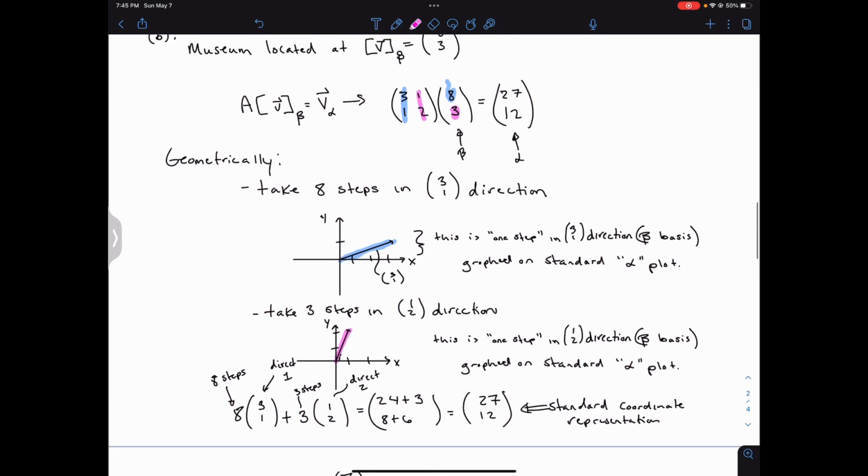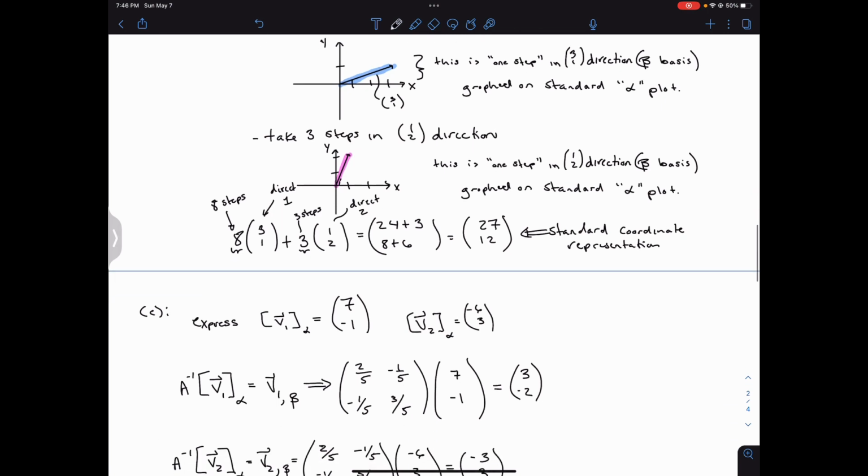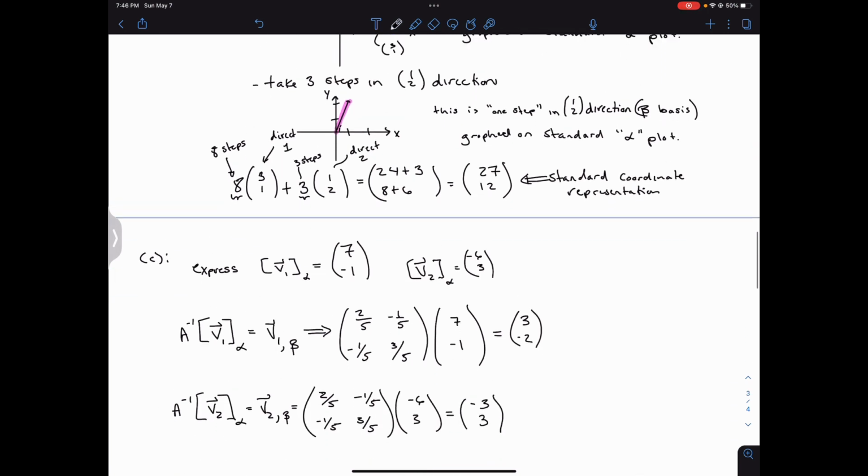So this is our 1, 2 vector, and we take 3 of those. The linear combination makes this easier to think about geometrically. So 8 steps in that direction and 3 steps in the second direction will give us our standard coordinate representation, and that ends up being 2712.